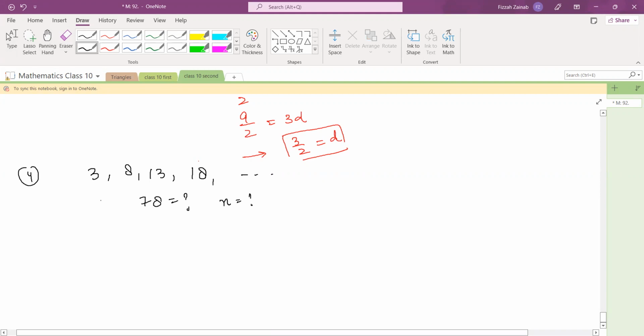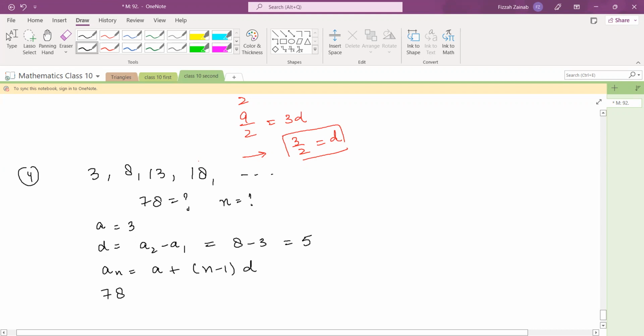So whatever information is given, you write a is 3 and d becomes a2 minus a1 and that is 8 minus 3 and that is 5, right? And then your nth term is a plus n minus 1 into d. Now this time n is not given, everything else is given. So an is already 78.